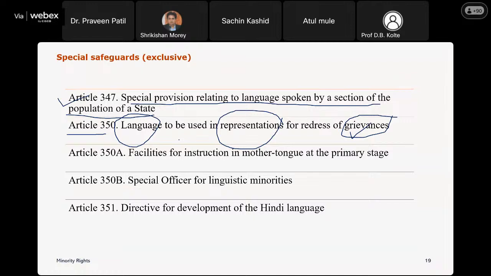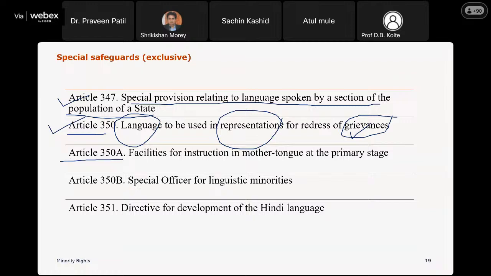That means language cannot be a barrier in the resolution of the grievances of the people. This is possible by virtue of Article 350 of the Indian Constitution.